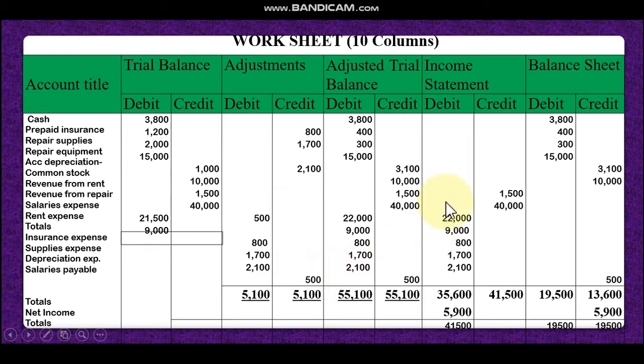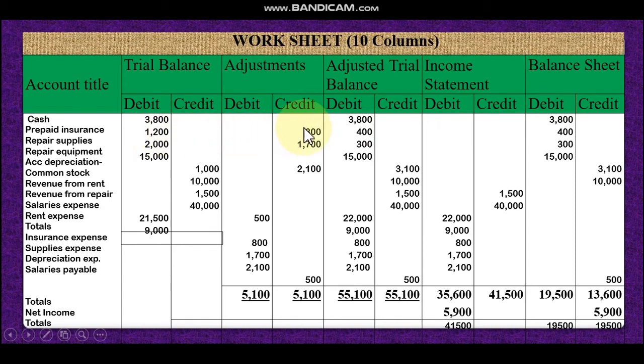Now the adjusted trial balance. That means our adjustment is over, now we will just adjust. Look at 3800, nothing is here, so we write 3800 here. Here 1200 is on the debit side and 800 on the credit side, so the adjusted balance is 1200 minus 800, that means 400 on the debit side.